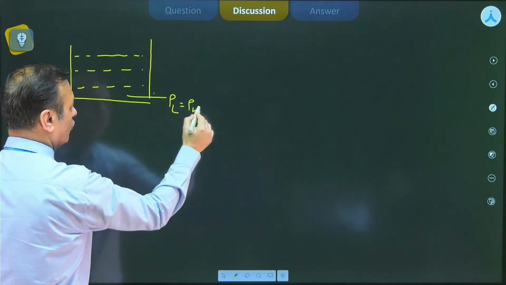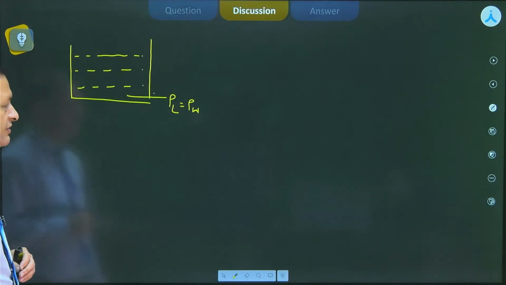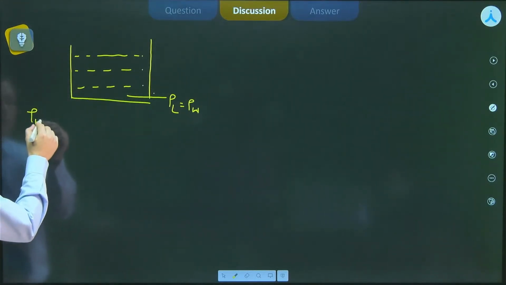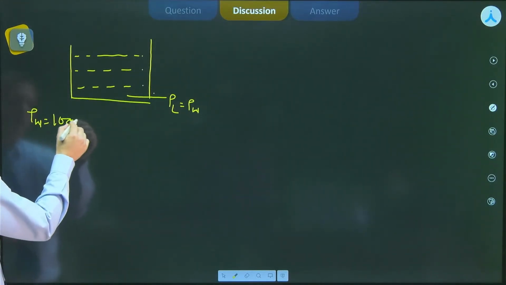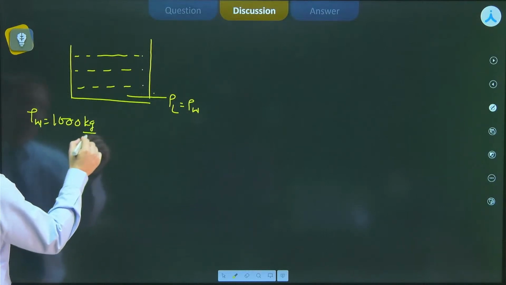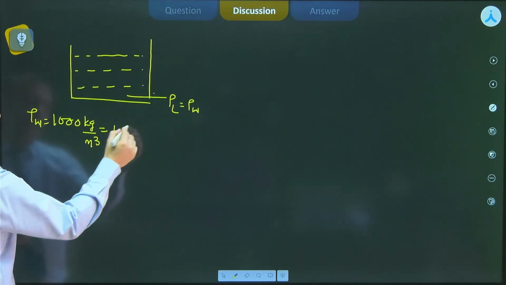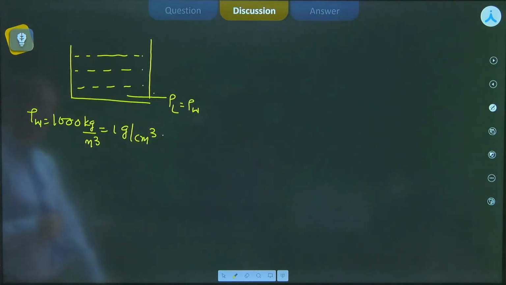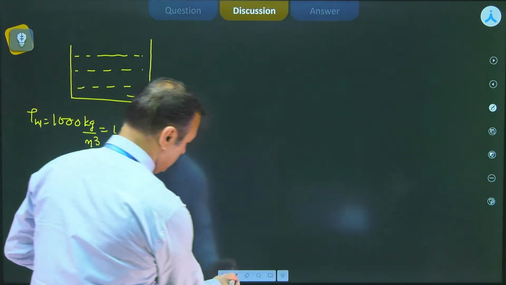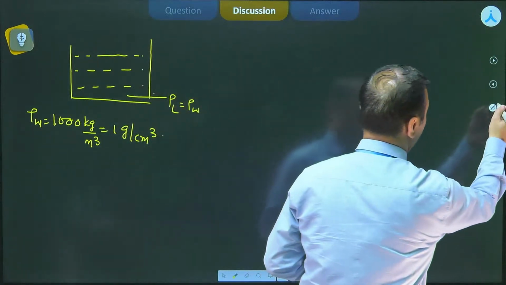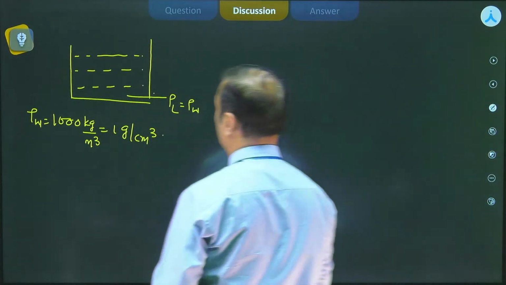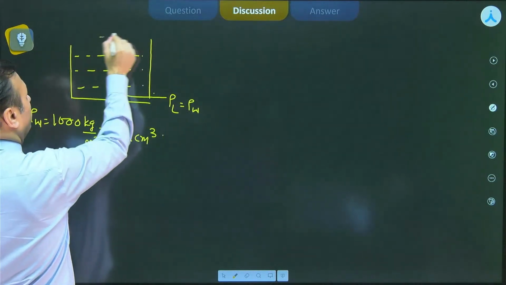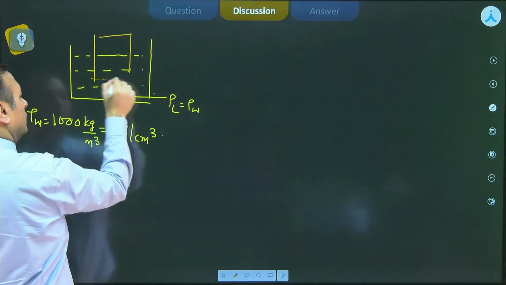So this is water precisely, and we know density of water is either 1000 kg per cubic meter or 1 gram per cubic centimeter, one and the same thing. Then you consider a small block of ice.